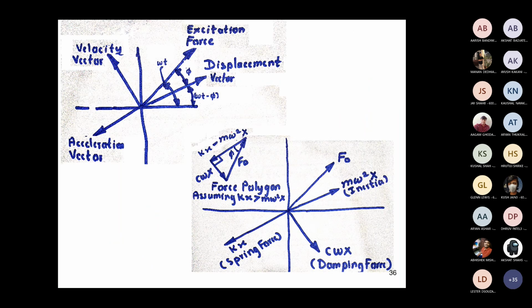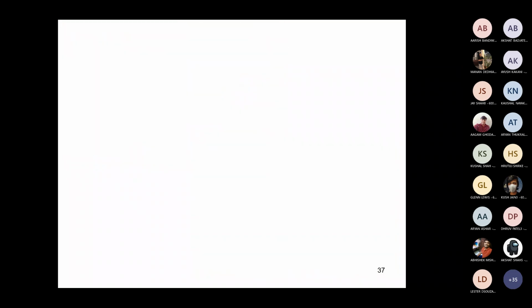So the excitation force in magnitude is the resultant of this vector and the damping force. I can express it as F0 is equal to square root of (kx minus m omega square x) whole square plus (c into omega into x) whole square.